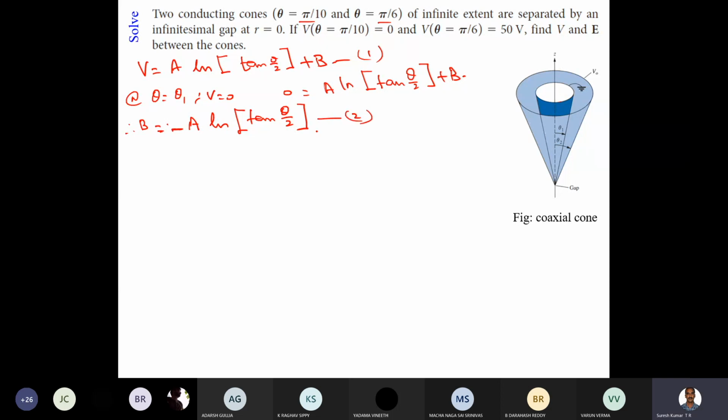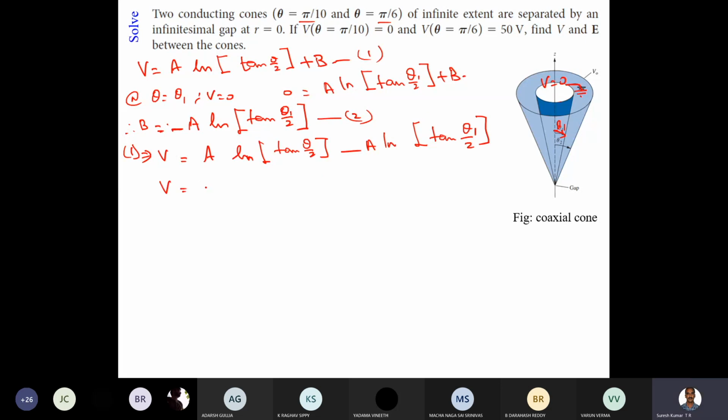Then equation 1 becomes V equal to A ln tan theta by 2 minus, replacing B with equation 2, A ln tan theta 1 by 2. I forgot to put the 1, so it is theta 1, since at theta equal to theta 1 the potential is 0.